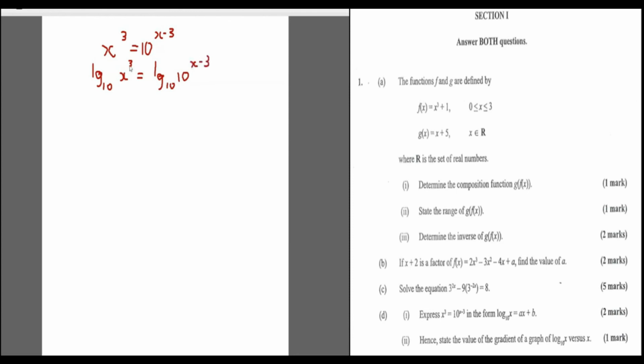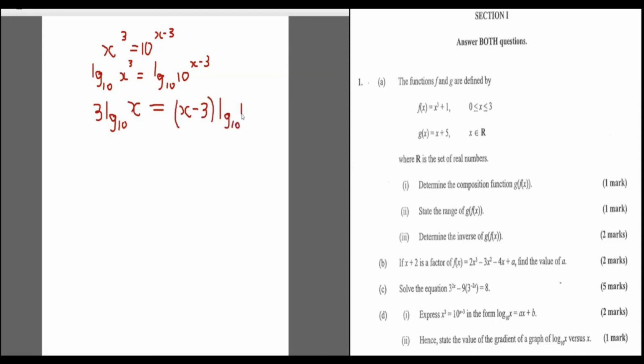According to log rules, we can bring down the power, and so we can rewrite this as 3 log to base 10 of x is equal to x minus 3 times log to base 10 of 10.